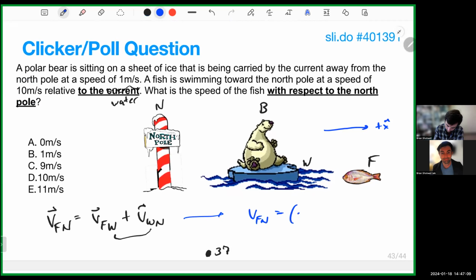So this is negative 10 meters per second for fish relative to water. And then the water relative to the North Pole, it's drifting away at 1 meter per second. So it looks like the fish relative to the North Pole is negative 9 meters per second, where the speed is 9 meters per second. Okay.